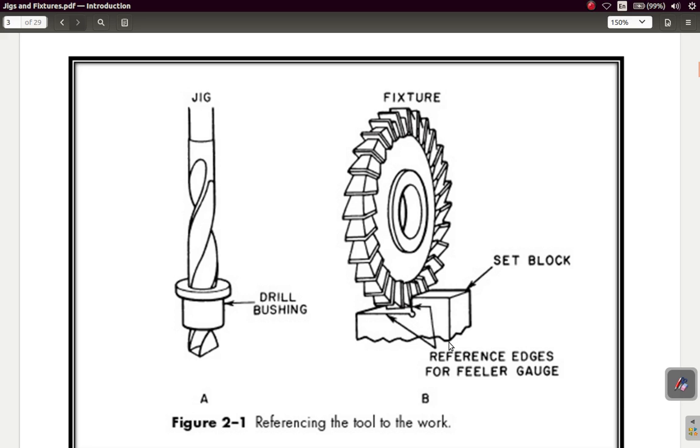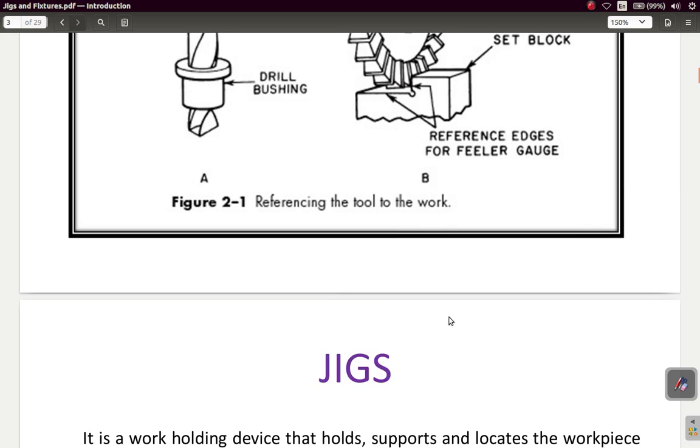The feeler gauge is really like a blade, very thin, looks somewhat like a knife blade. It is a specific measurement and you push it between a spacing to estimate the spacing that you have there.